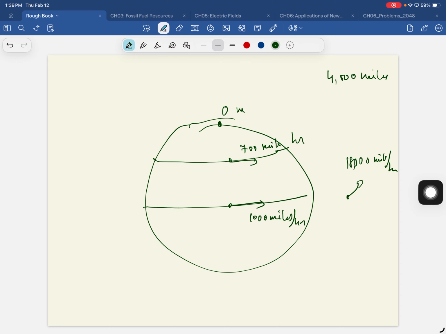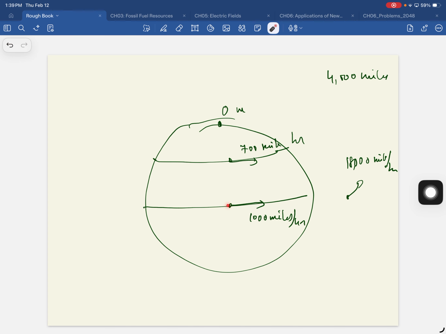All right. So if you want to launch a satellite and it shouldn't fall out of the sky, this is for low Earth orbit, so it should be going at 18,000 miles an hour. If I'm standing at the equator, how fast am I moving? 1,000 miles an hour.